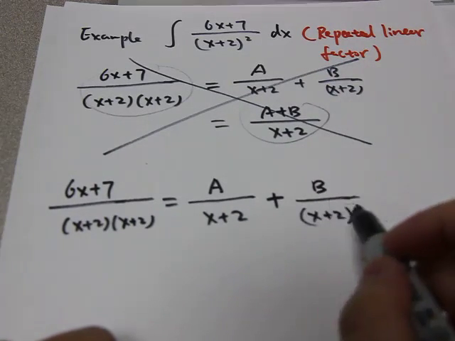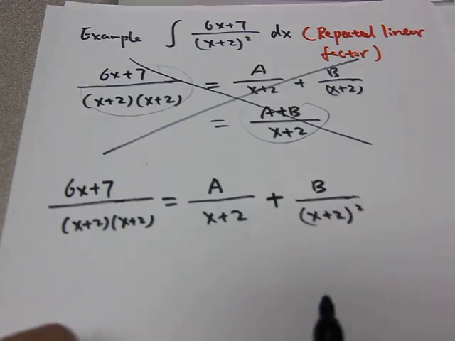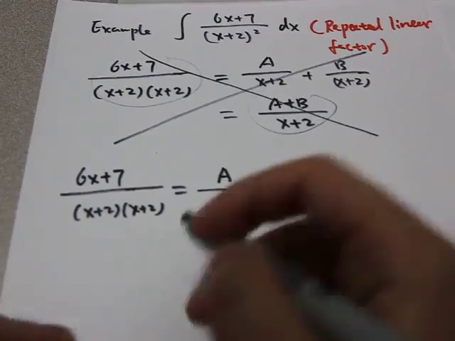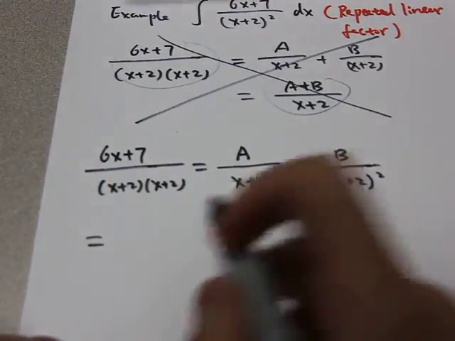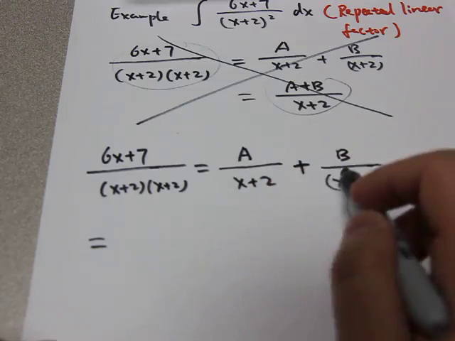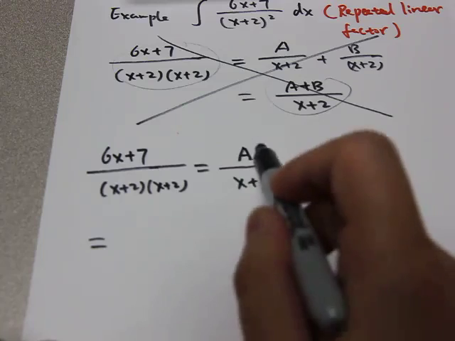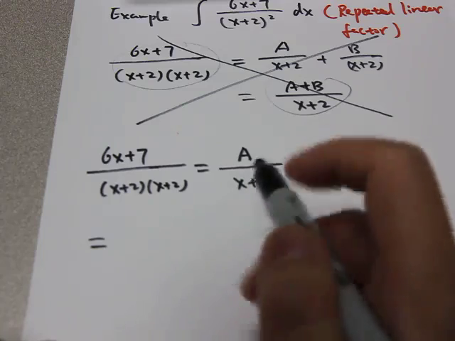It is B over this entire repeated factor, right? So over here, to add up these two fractions, I need to multiply (x + 2) to the numerator and the denominator.